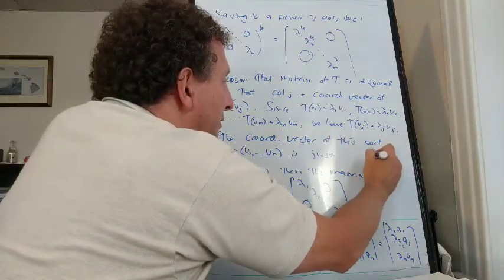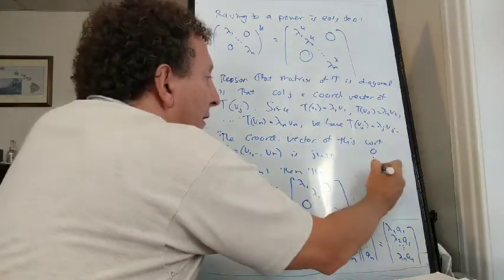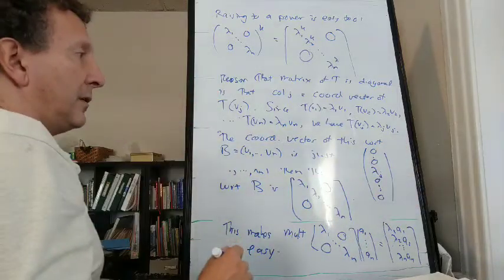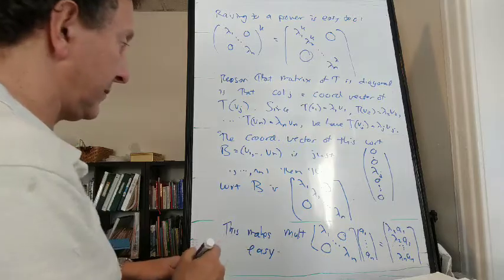So it's just a bunch of zeros, a lambda j, and then a bunch of zeros. So if we do that for all the columns, then we get this diagonal matrix.